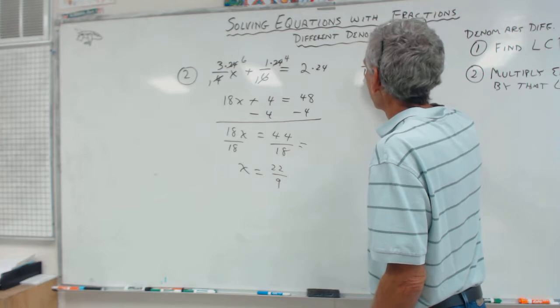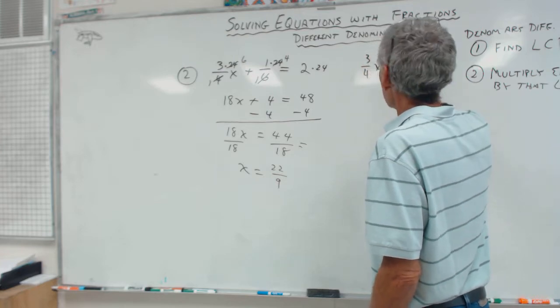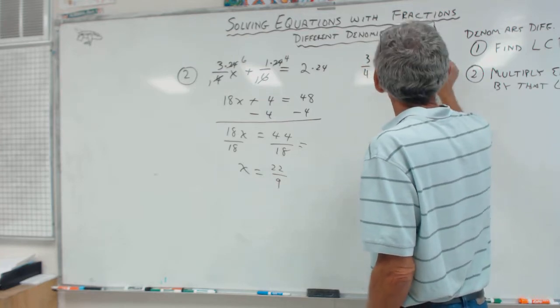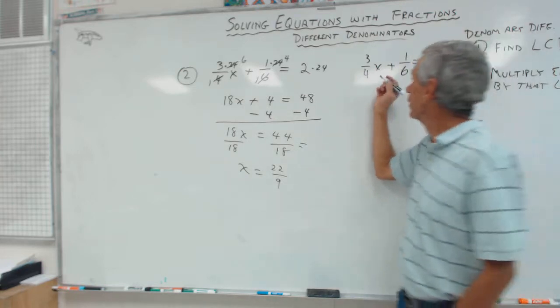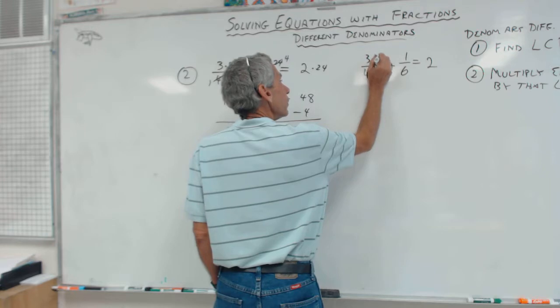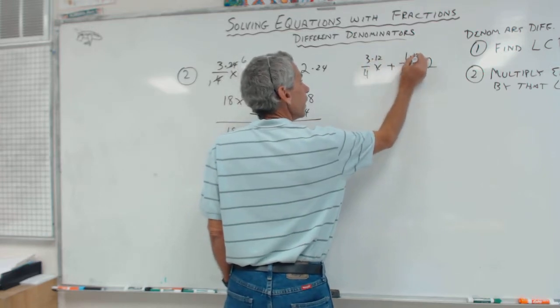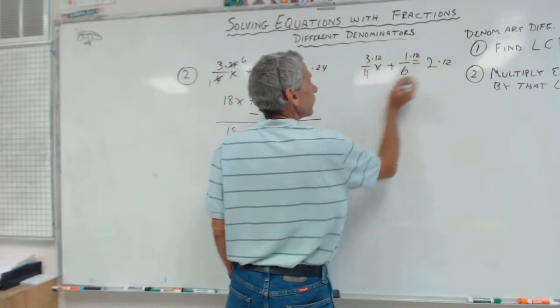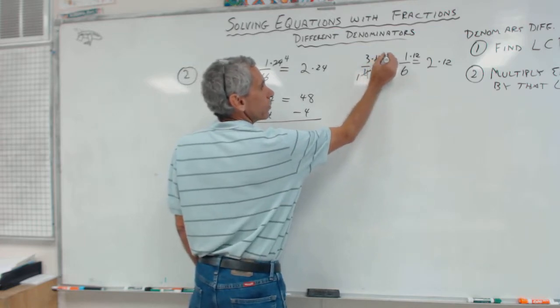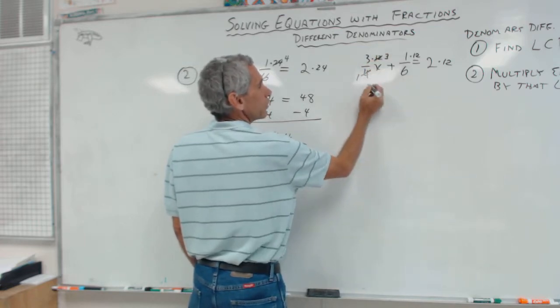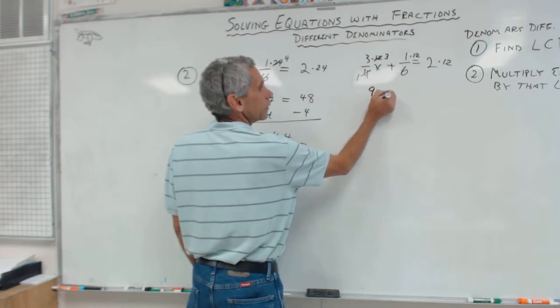So if we have 3/4 x plus 1/6 equals 2, and let's say we decided the lowest common denominator is 12. So times 12, times 12, times 12. So 4 goes into 4 once, 4 goes into 12 3 times, right? 3 times 3 is 9x.